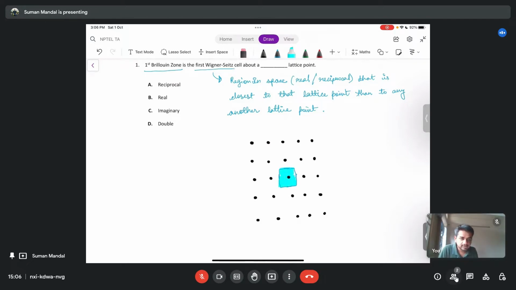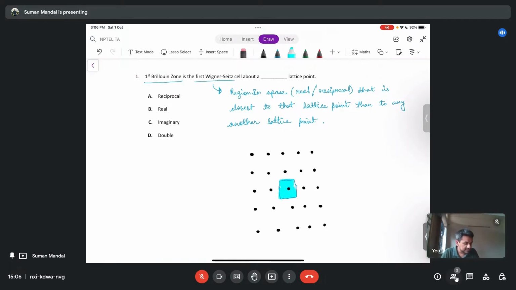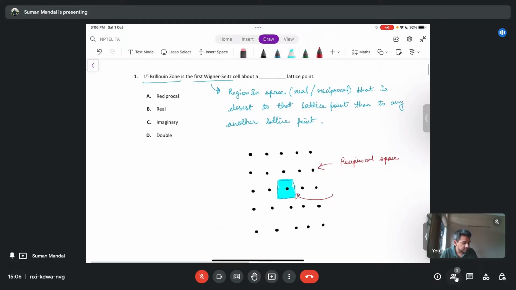Now if this lattice is in the reciprocal space, then we will call this Wigner-Seitz cell the Brillouin zone.